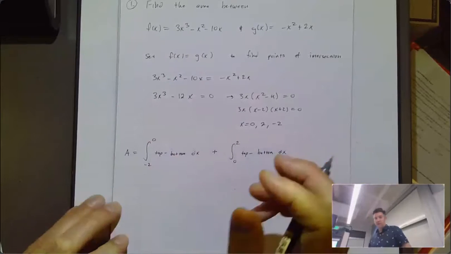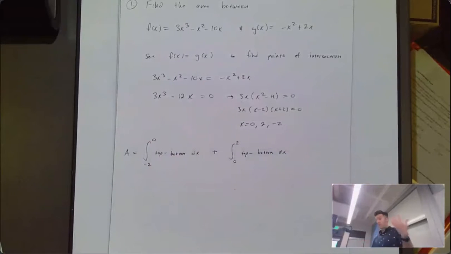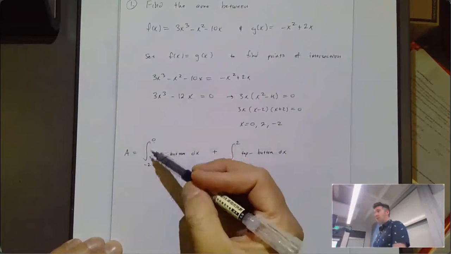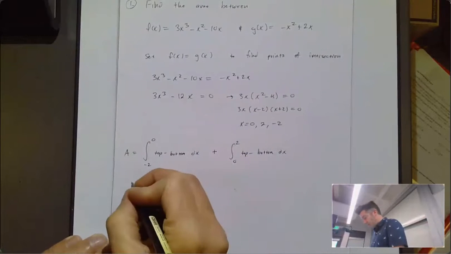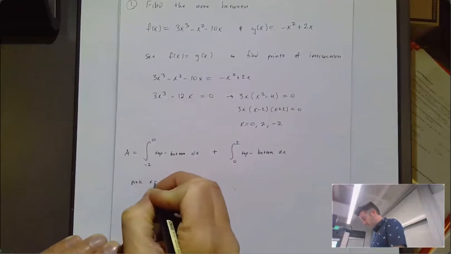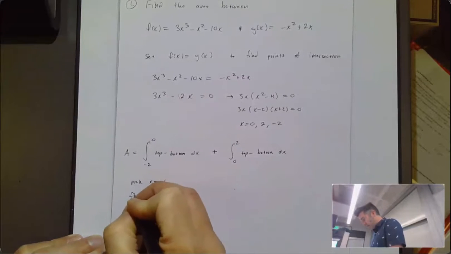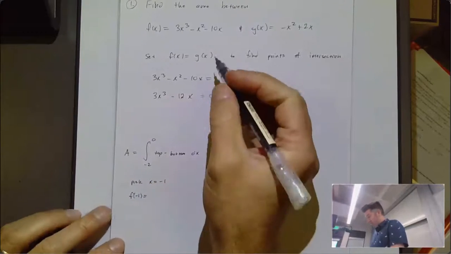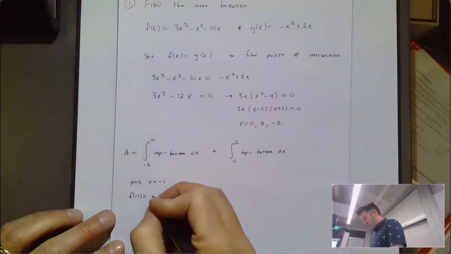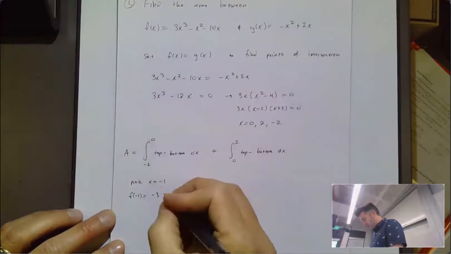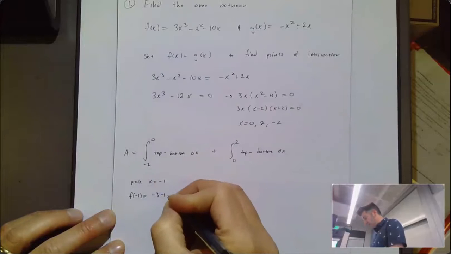The thing that's interesting about this problem, or any problem where you have more than 2 points of intersection, is the function that's on top might change. They might cross each other in that way. So the way I always like to tell which one's on top is pick a point between these 2 endpoints. I'm going to pick x equal to negative 1 and plug it in. f of negative 1 is 3 times negative 1, minus 1, minus 10 times negative 1, which is plus 10.